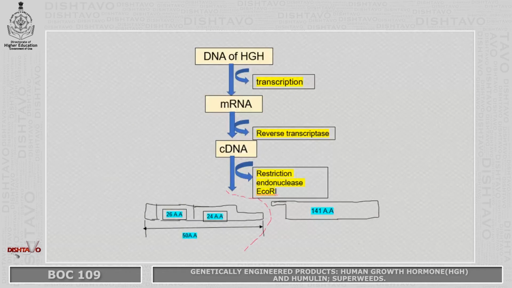Messenger RNA will synthesize the cDNA by the reverse transcriptase process, and this cDNA is then subjected to restriction endonuclease EcoRI. Restriction endonuclease EcoRI cuts the DNA into two fragments of 26 plus 24, that is 50 amino acids, and 141 amino acids.